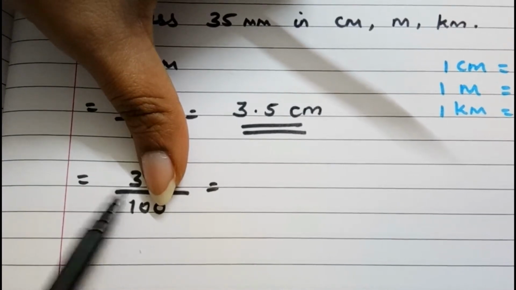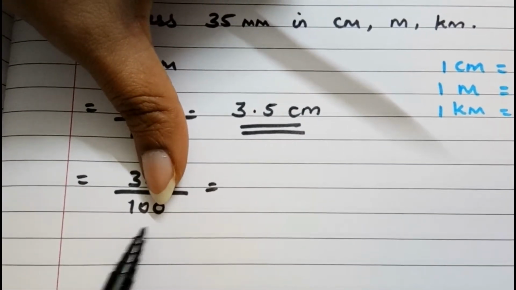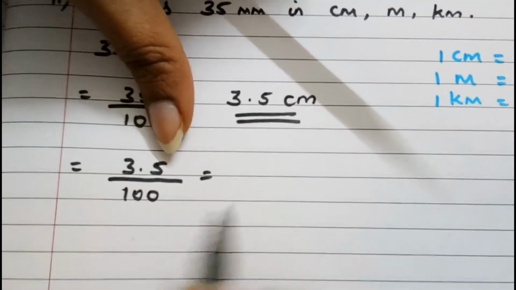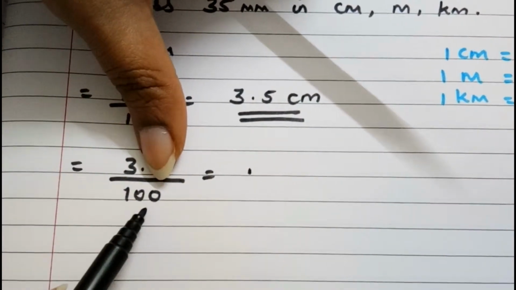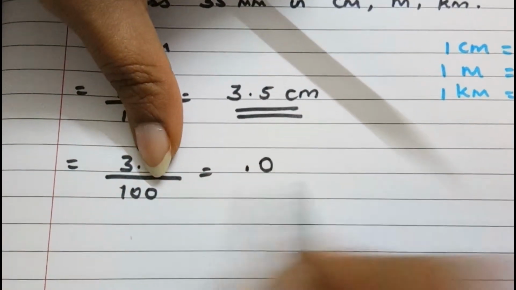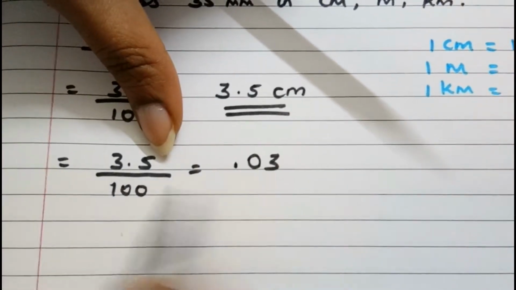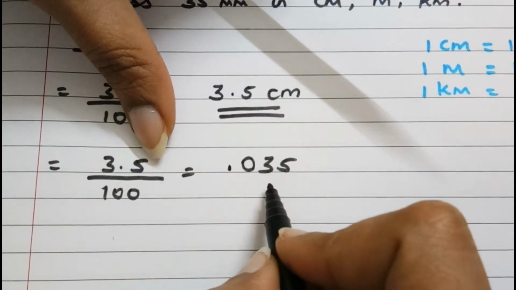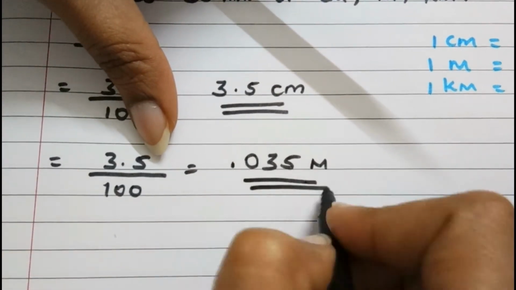So we can see before the decimal there is only one digit, that is 3, and there are 2 zeros in the denominator. So what will be the answer? Since there is only one digit and 2 zeros, 1 zero will be added here, then the number 3 and this 5. Okay, and this is measured in the unit meters.